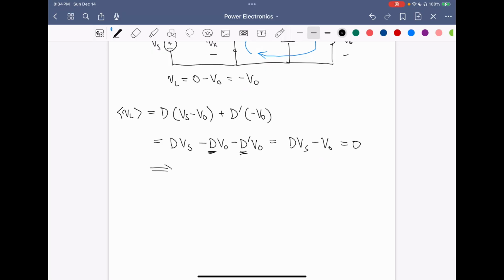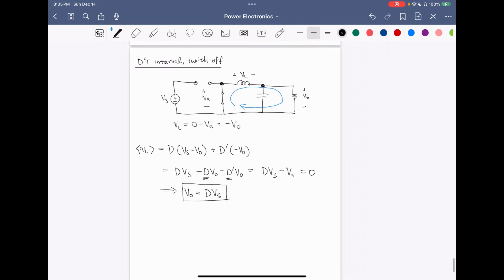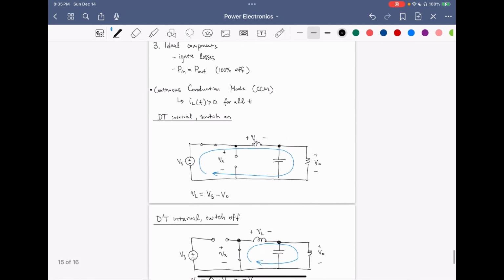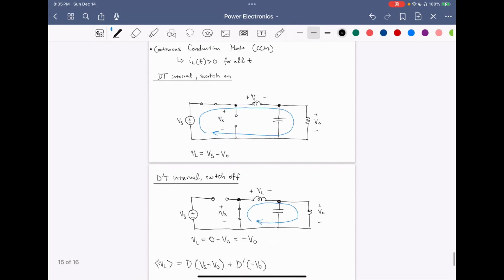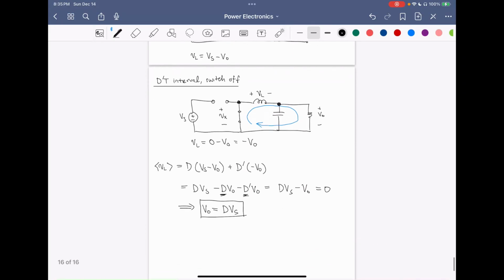By examining the inductor voltage, we find that Vo just equals d times Vs. So we've arrived at the same voltage conversion ratio that we found before using our original analysis. In doing so, we have examined how to analyze the circuit in the dt and d prime t intervals, looking at the inductor voltage.